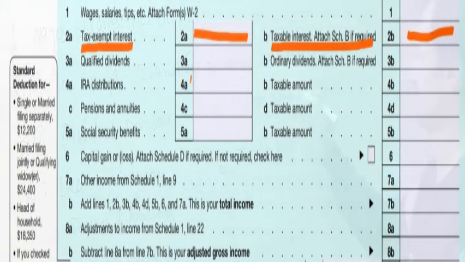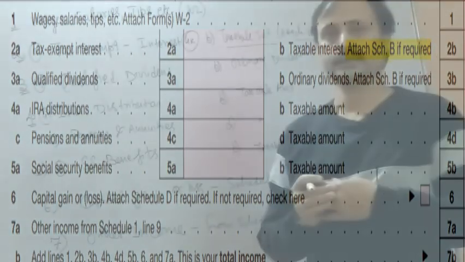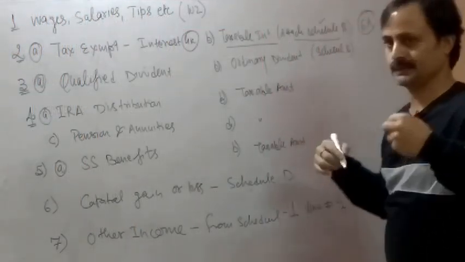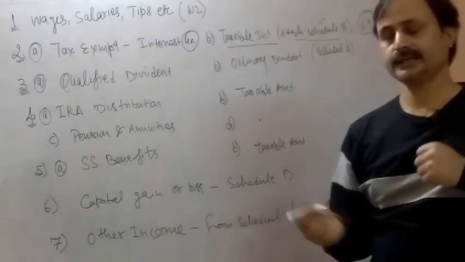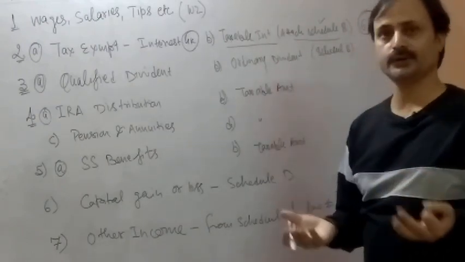Section B, taxable interest. And if we need to check the breakdown, we can go to schedule B. Remember, the convenient thing is that whatever income they have earned, the tax return will show what schedule is required.